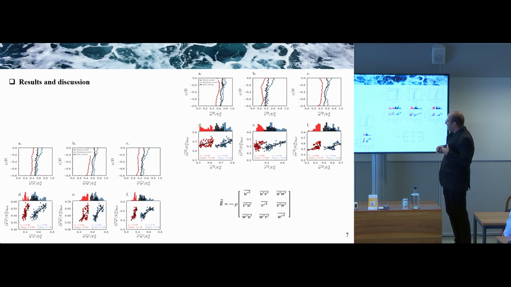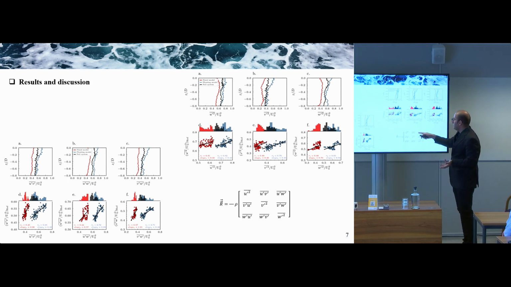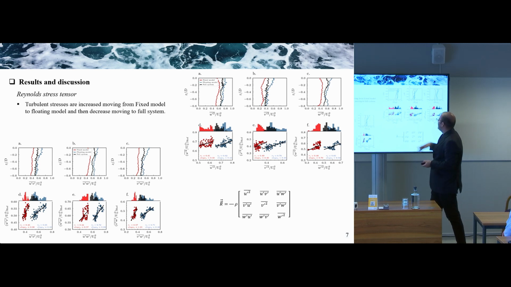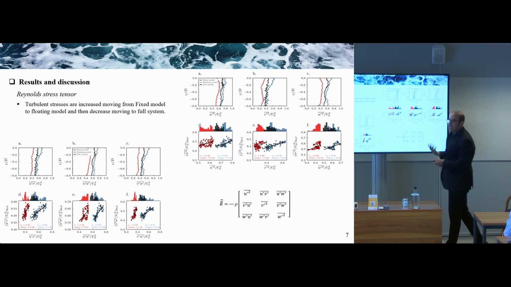So in terms of the similarity, for the normal stress arrays and for the shear stress arrays, we can see that turbulence stress is increased when you move from the fixed model to the floating model, and decreases when you move from the floating model to the full system. But how much is the similarity?